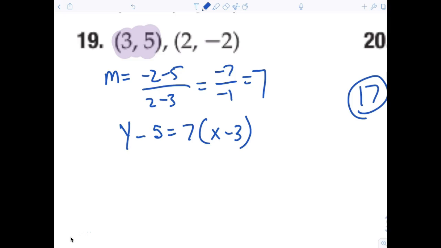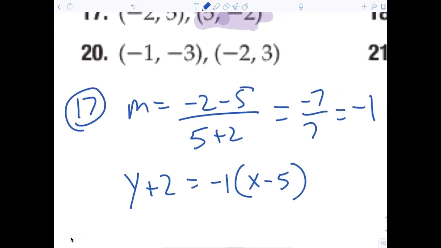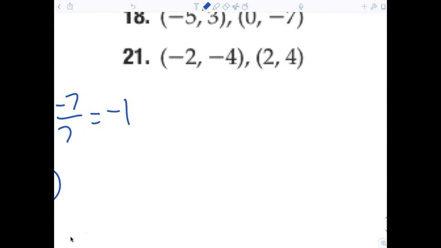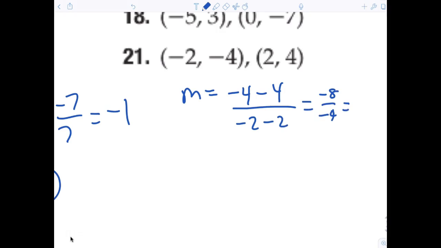All right, Mr. Osborne, you're up. 21. So that's negative 4 minus 4 over negative 2 minus 2. So that's negative 8 over negative 4. Beautiful. Which point are you selecting?